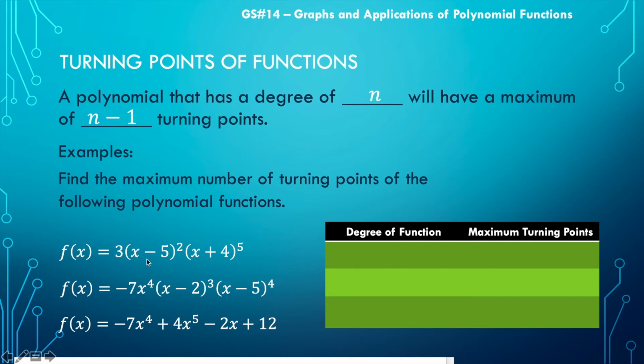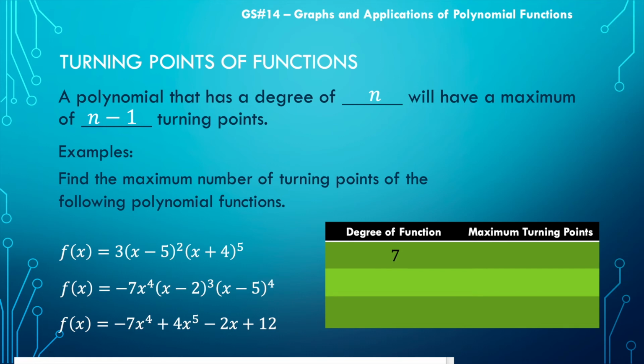I would multiply x together twice here, x times x, and 5 times here, x times x times x times x times x. When I multiply these together, I would have a maximum of x to the 7th power. I've got a power of 2 here and a power of 5 here, so I would have a 7th degree function.